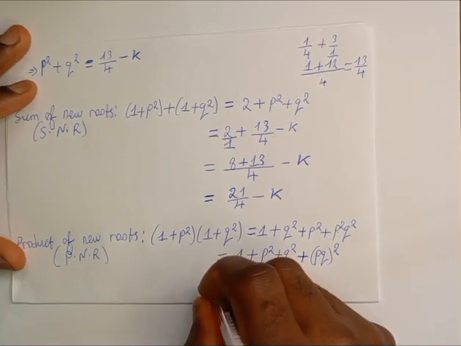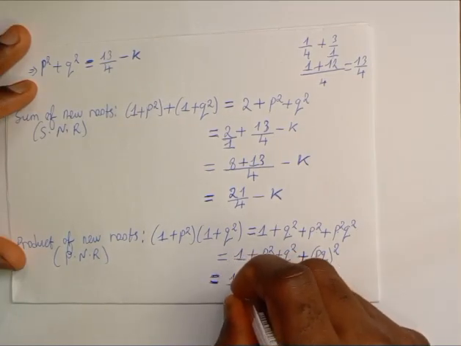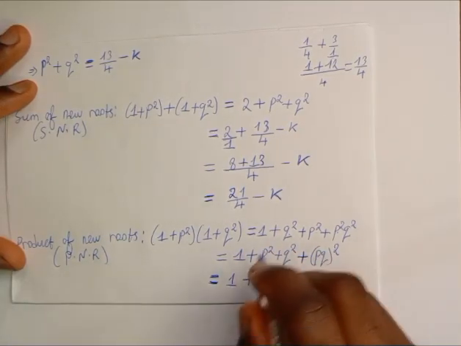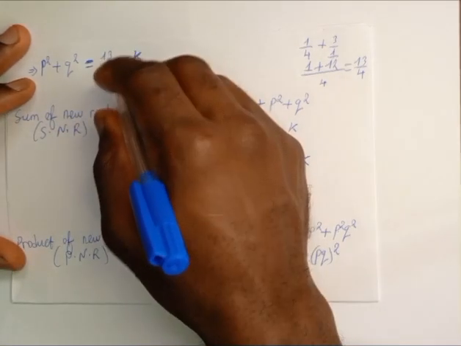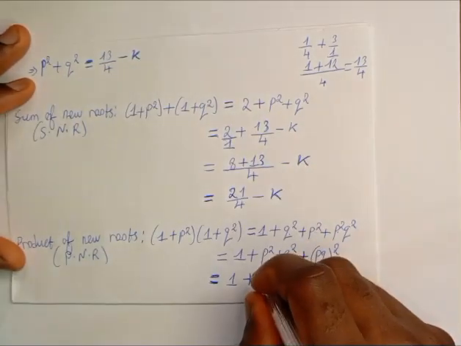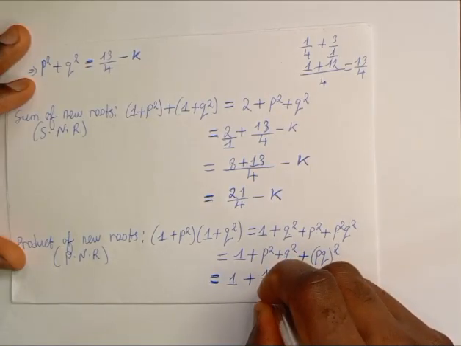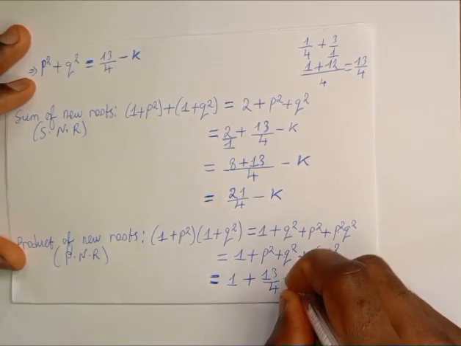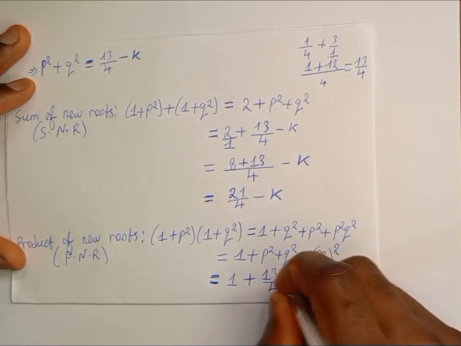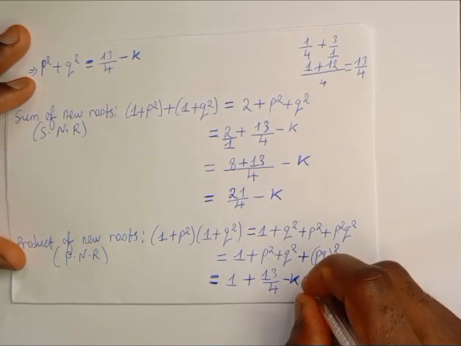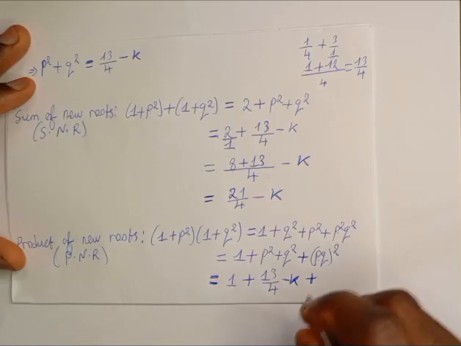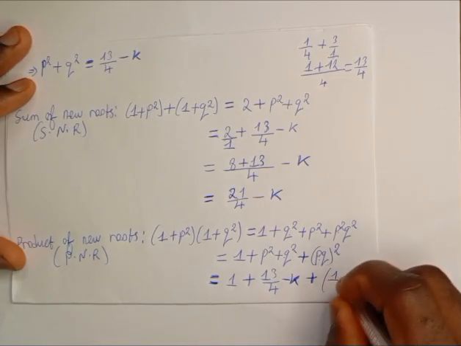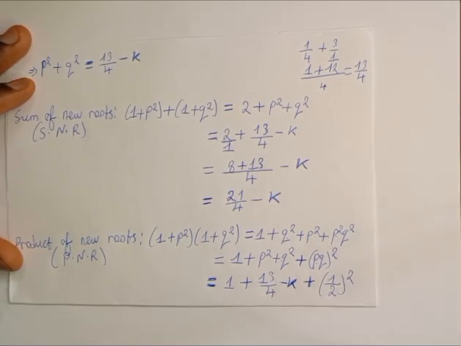This will simply be equal to 1 plus p squared plus q squared is equal to 13 over 4 minus k plus p times q, we know it is a half. So this will give us a half, all this squared.